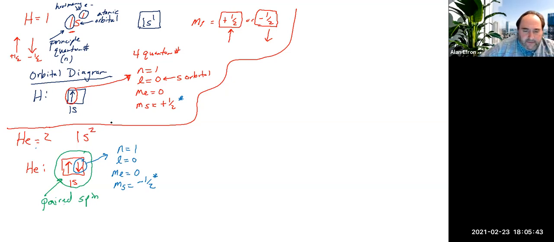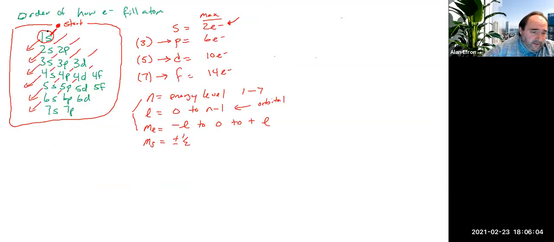Okay, let's continue on. Number 3 there is lithium. If you look on the periodic table, the atomic number is 3, which means it has 3 electrons. We can see from our orbital diagram that we are now full in terms of our 1s orbital.